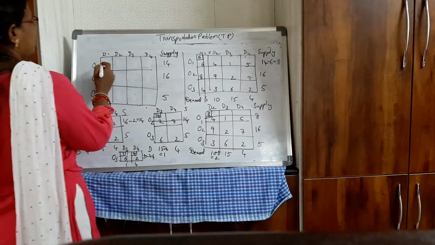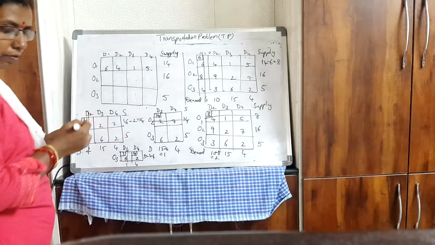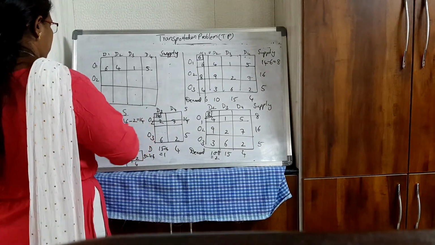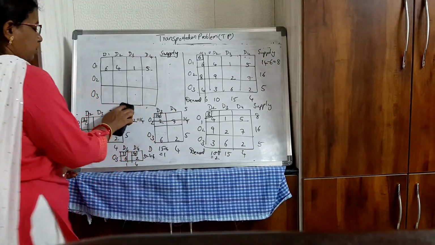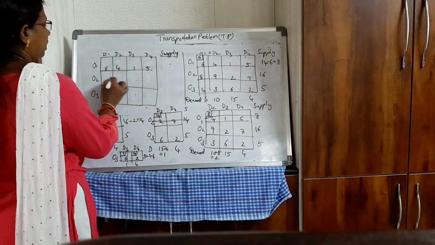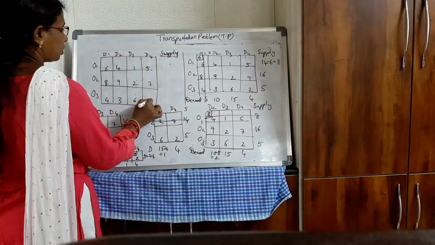So here it is 6, 4, 1, 5. This is 8, 9, 2, 7, 4, 3, 6, 2.